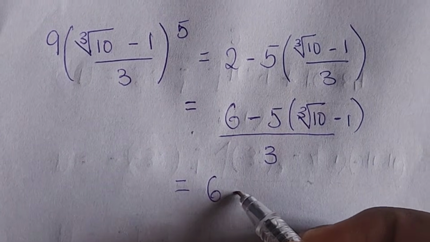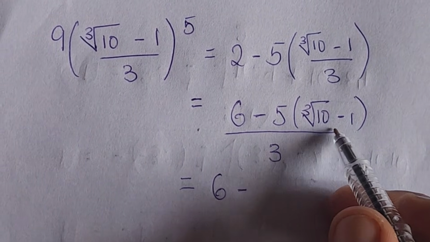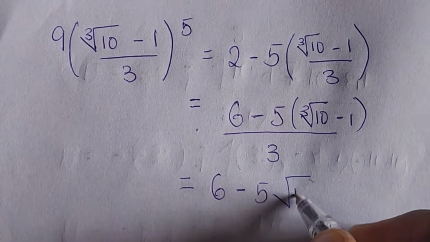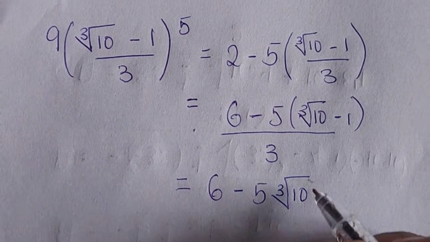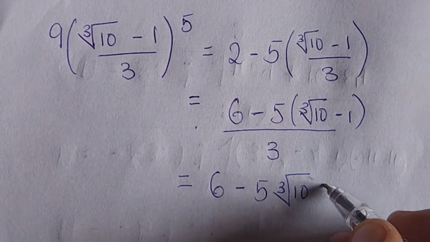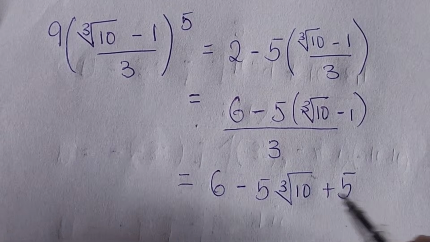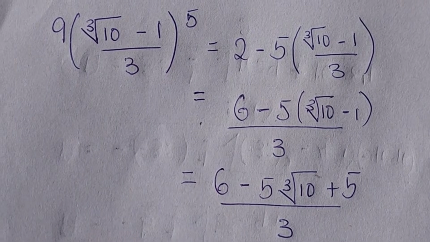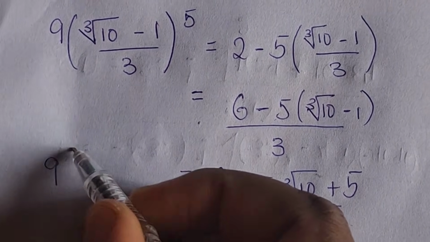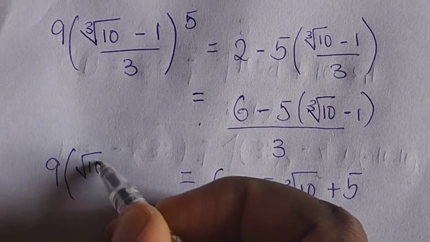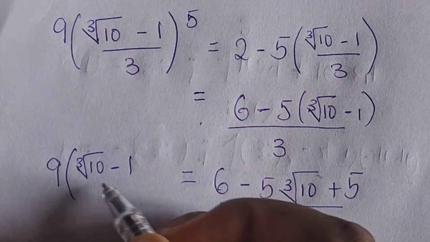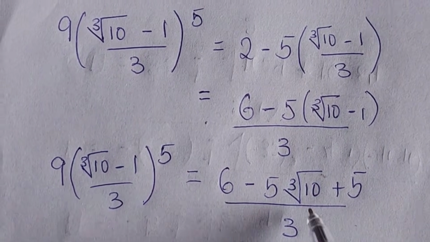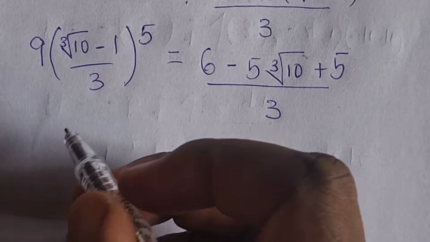So we have 6 minus, opening this bracket, we have 5 times the cube root of 10. And we have 5 times 1, we have positive 5 all over 3. So we have that 9 times the cube root of 10 minus 1 over 3 all to the power of 5 is equal to this.